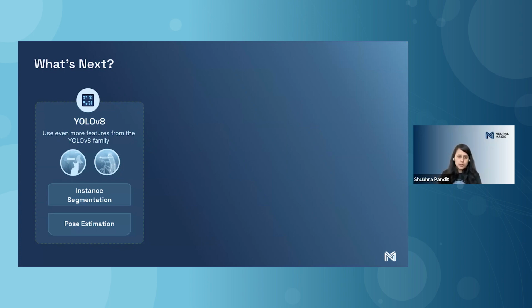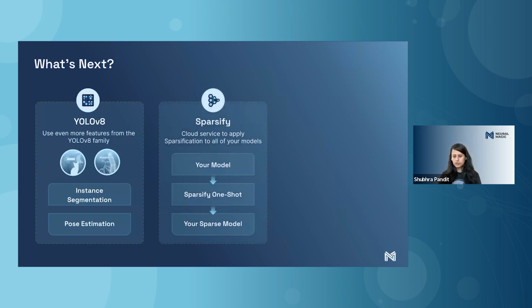Apart from YOLOv8, our team is also working on other interesting products and services. First, taking a look at Sparsify, which is our ML as a service offering, where you can either easily sparsify your own models from scratch using a one-shot approach, or use pre-existing models for your own custom datasets for fine-tuning using sparse transfer, or use training-aware methods for even more control.